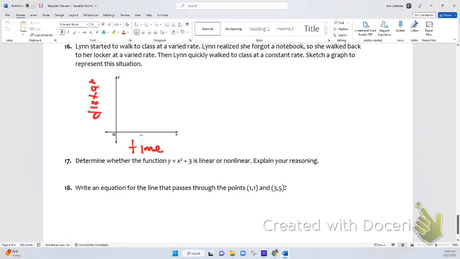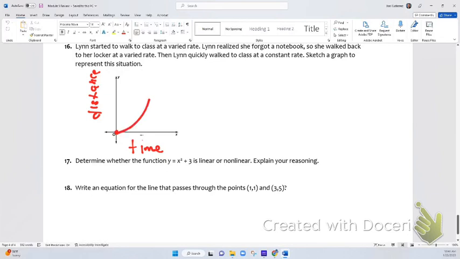That's hard to write as I'm writing on my iPad going upwards, right? So it said Lynn started to walk to class at a varied rate. Varied, it's not constant, which means it's going to be curved, right? So when you are walking, you're not sprinting, right? She's walking at different paces.